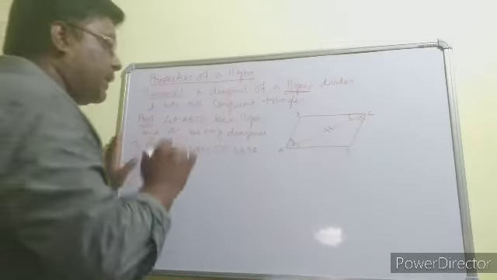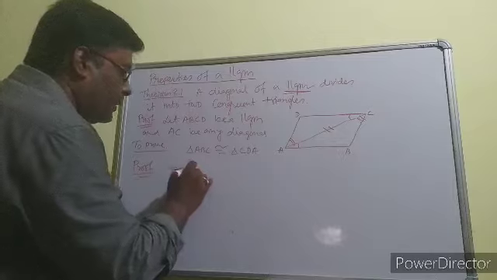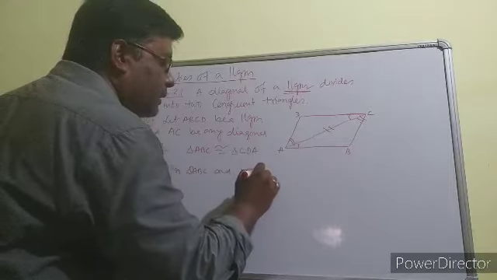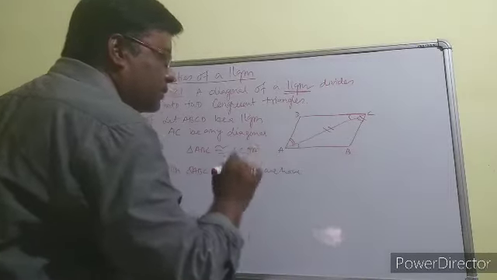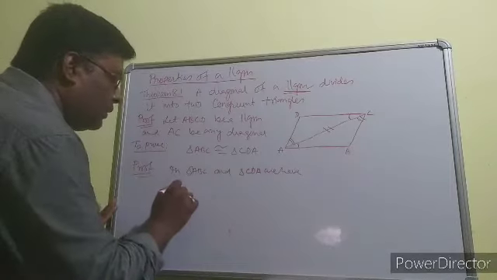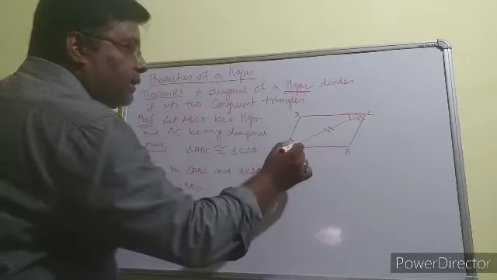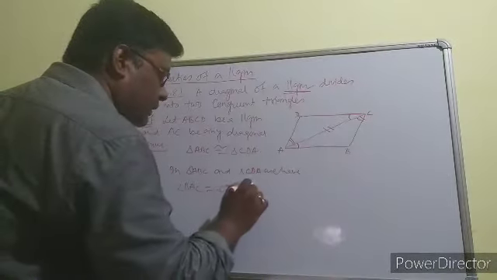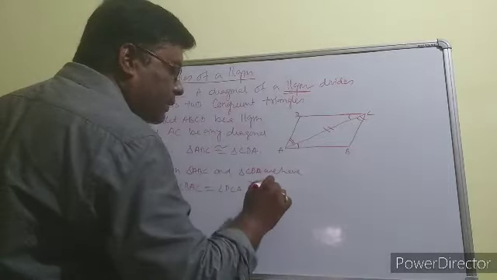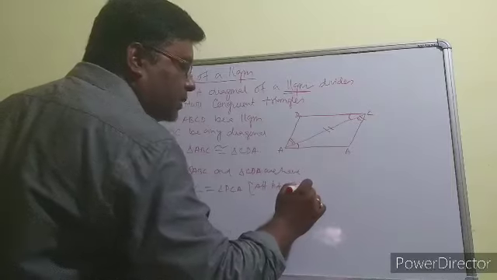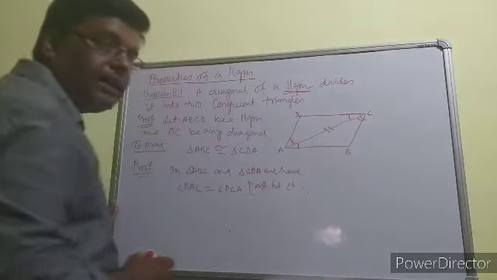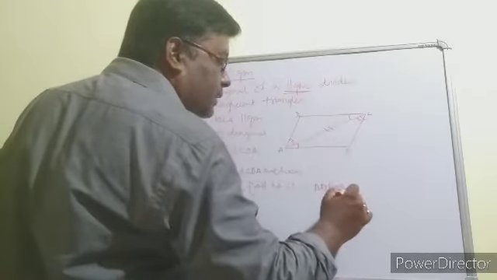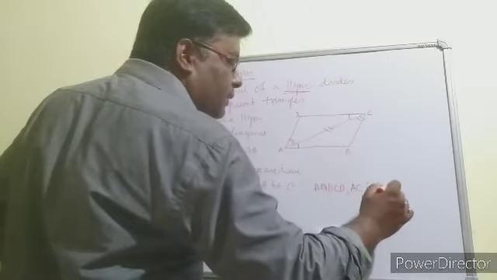It's easy. First write: in triangle ABC and triangle CDA, we have angle BAC, that is this angle, equal to angle DCA, alternate interior angles, since AB is parallel to CD and AC is a transversal.